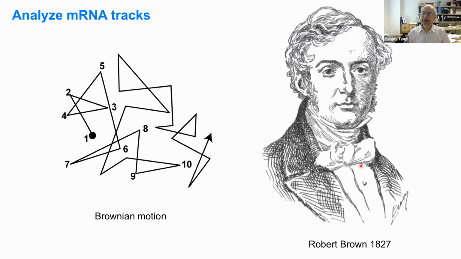He described this phenomenon in a couple of papers, and people, the bourgeoisie in Europe, were fascinated by it. You would get a microscope as a gift, and you would throw some pollen grains on a dish and look at them. People were wondering, why do they move? They said they're animated, they're ghosts, they're magnetic fields moving them around. And the reason for this motion was not explained for another 100 years.